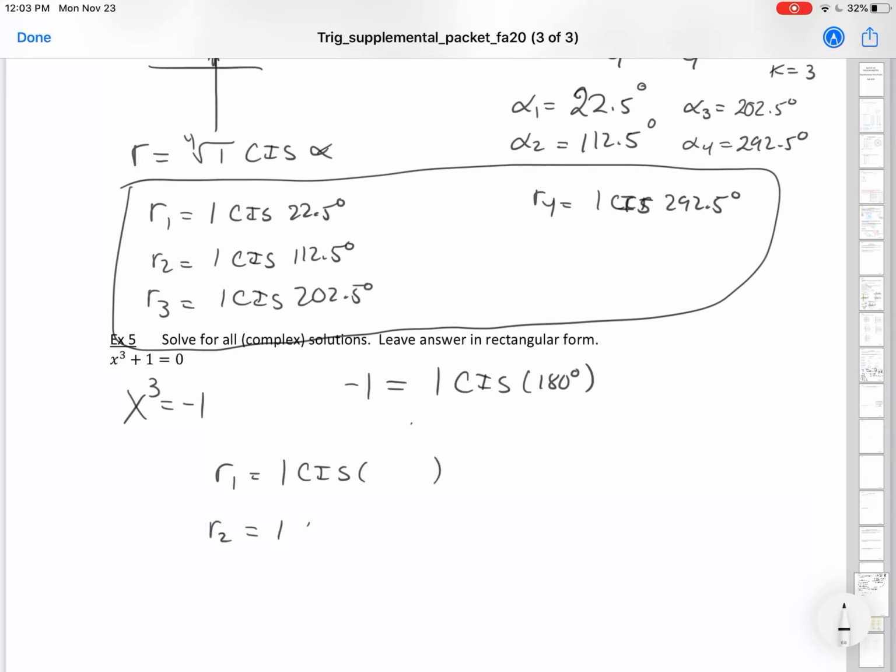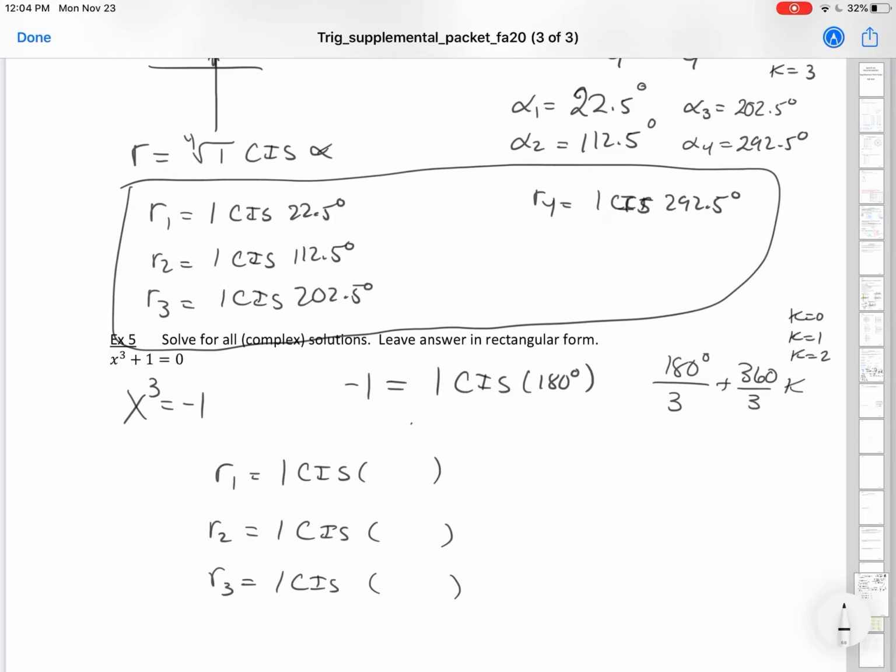R2 is going to be 1 cis of some angle. And R3 is going to be 1 cis of some angle. Now, what angle will that be? It's going to be 180 degrees divided by 3 plus 360 divided by 3 k, letting k be equal to 0, 1, and 2.